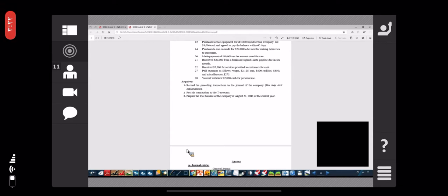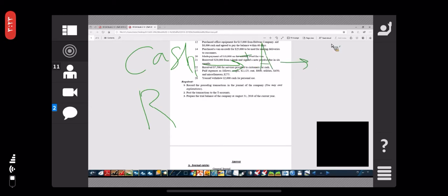So how many accounts do we have? We have 2 accounts. We have cash and revenue. Okay? Cash, increase or decrease? Increase. Cash is an asset, so it will be debit. Revenue, increase or decrease? Increase.